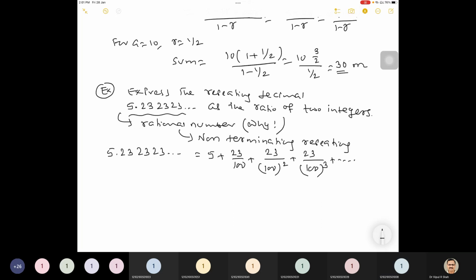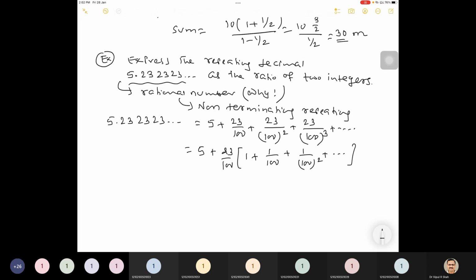Yes, sir. Can you write in this way? Yes. Now let us take 23 by 100 outside. What remains is 1 plus 1 by 100 plus 1 by 100 square, and so on, infinitely many terms. And this is a geometric series.